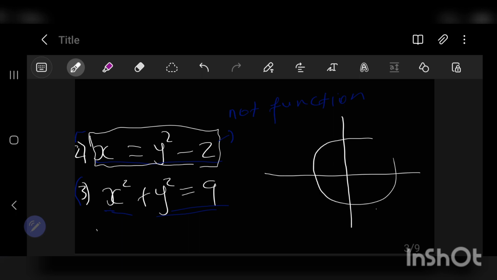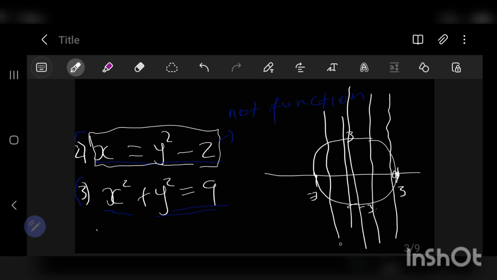So this will be our graph. Pardon my drawing, people. This is 3, -3, and then this is going to be -3 and 3. And then, people, if you have managed to draw it, just draw what, people? A vertical line test. Draw a vertical line test, people. And then, can you see that, people?